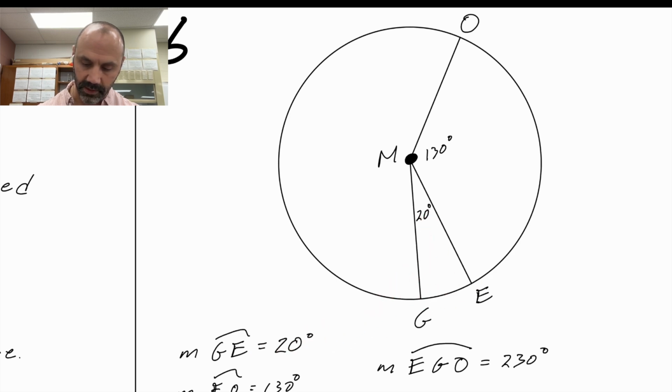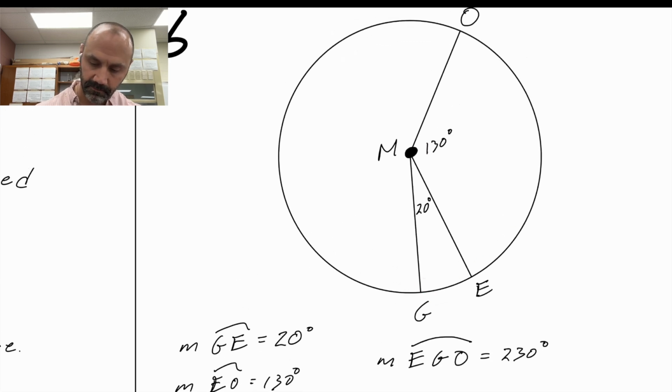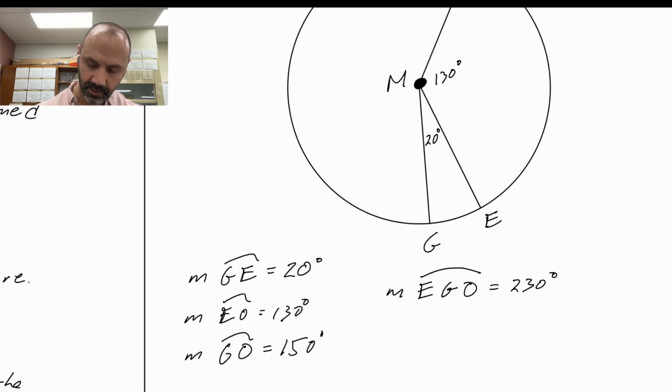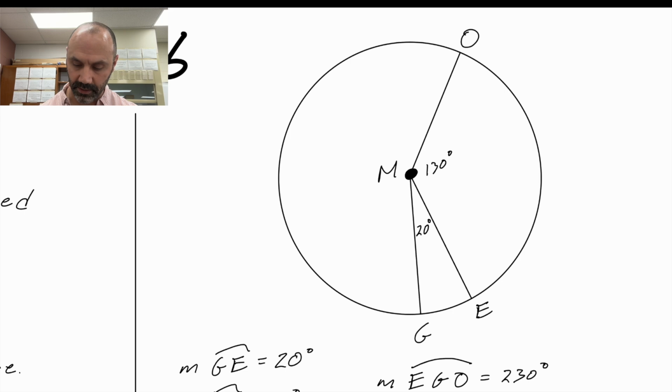The measure of arc EO, so that's this arc here, is 130 degrees. So the measure of arc GO, around here, would be 150 degrees. Now, what if I asked for the measure of arc EGO? Well, what we do is we take 360 degrees and then just subtract this angle here.